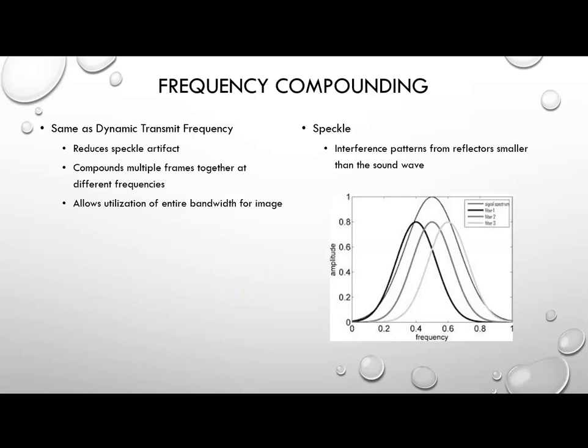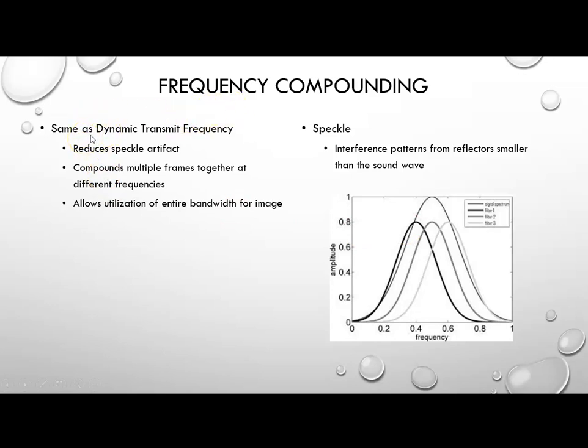What frequency compounding does is that when we send out a signal, the portions of the display that are in the near field utilize the highest frequency component of our bandwidth, and the portions that are in the far field utilize the lowest components of our bandwidth, so that we are able to get high resolution in the near field and good penetration in the far field using this idea of frequency compounding.